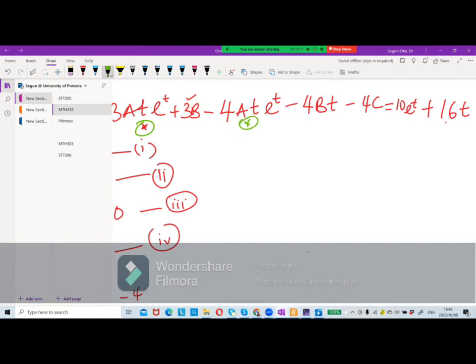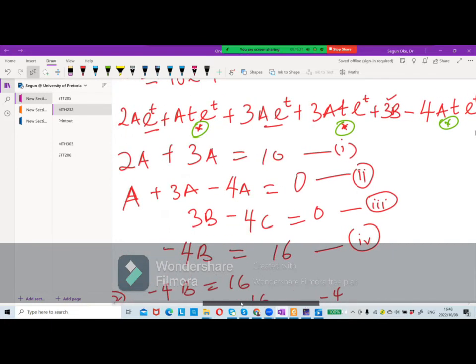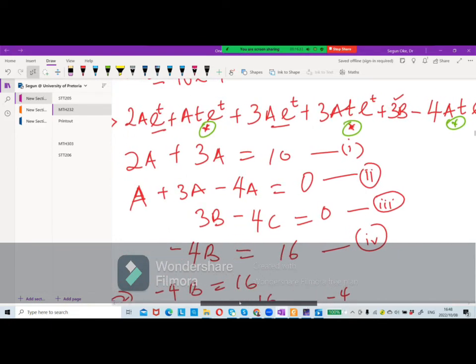So we can collate everything together. Do we have anything on the right-hand side? No. We equate it to 0 since we don't have any such function on the right-hand side. So we have a plus 3a minus 4a equals 0.